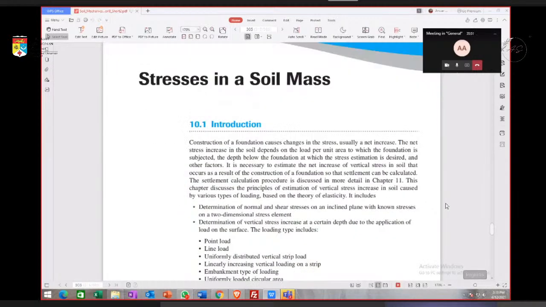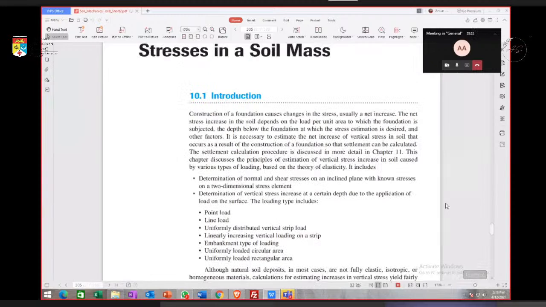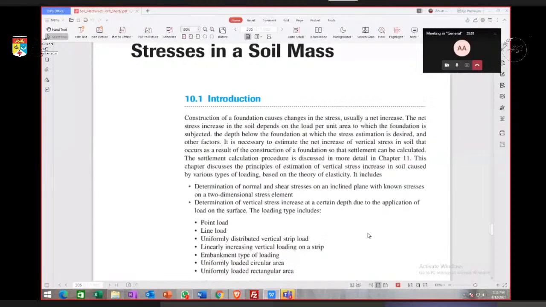Okay, this topic is regarding how to find the increase in stress due to surcharge or loading. So in this course, we learn how to calculate the increase in stress due to point load, line load, and so on.